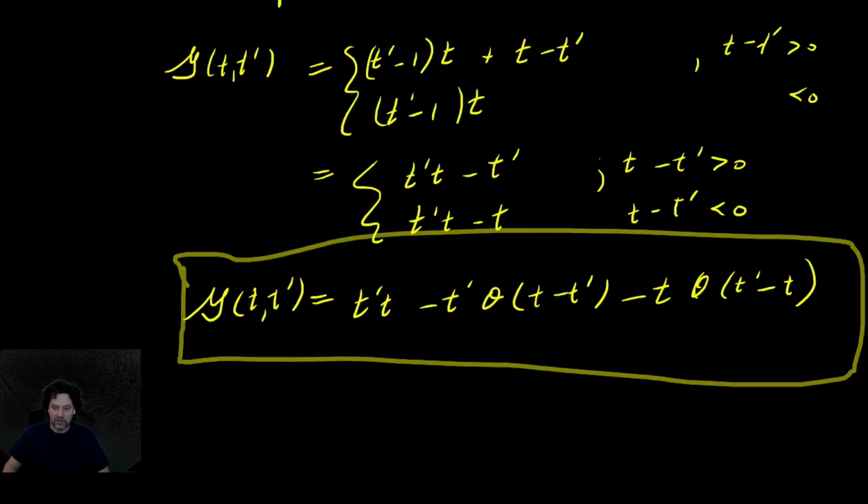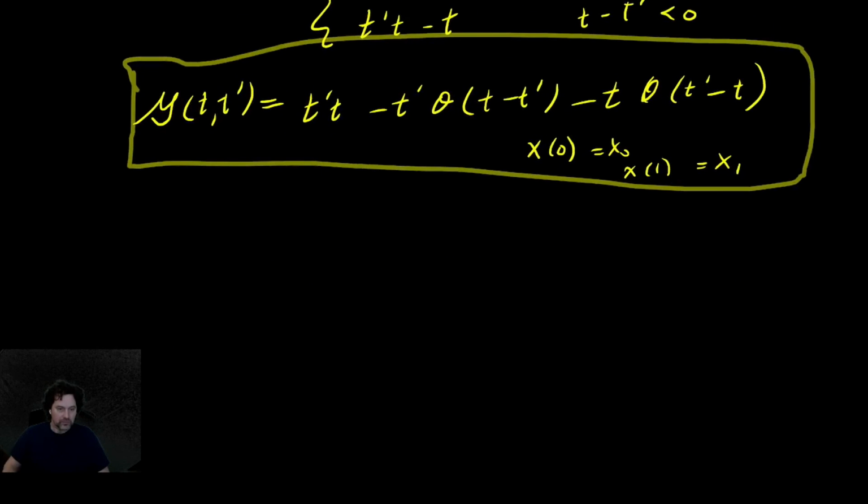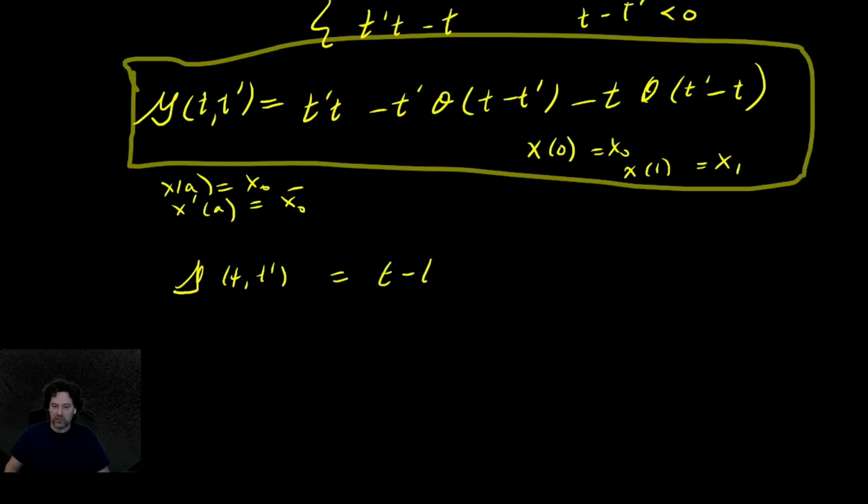This was for the x of 0 equals x naught, x of 1 equals x1 case. And just reminding ourselves, for the fixed point conditions where x of a equals x naught and x prime at a equals x naught bar, there the Green's function was t minus t prime theta of t minus t prime.